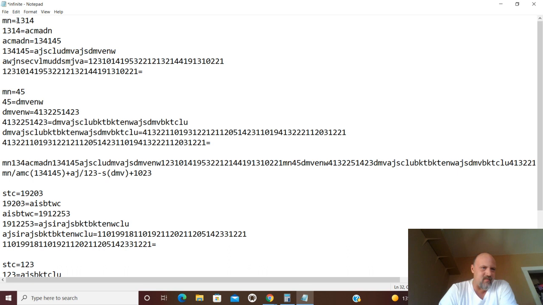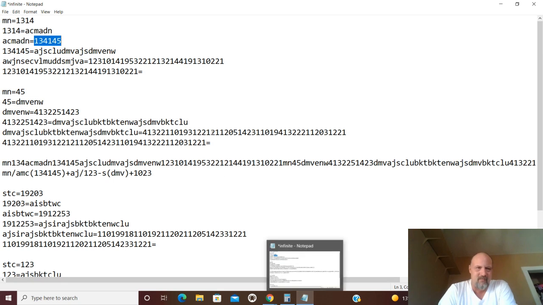Say you could take MN and 1314 and ACMADN, and you could even take it a step farther and add these numbers, and you could combine all that, and who knows what you'd get out of it. And I'm certain that that gets done.